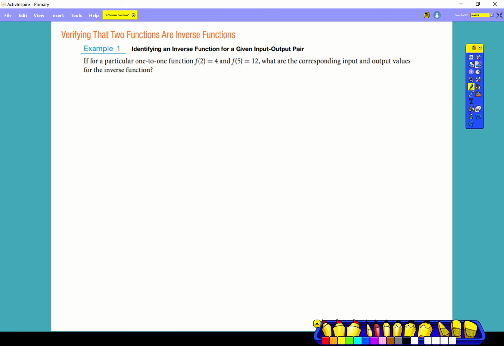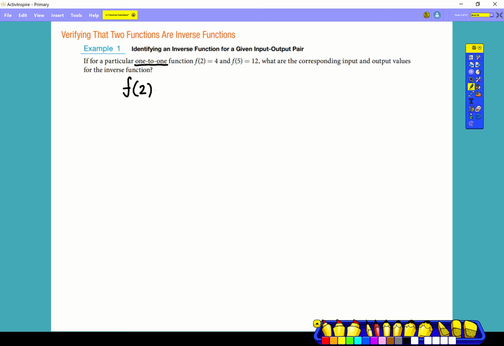Okay, so we're going to verify that two functions are inverses of each other. For a particular one-to-one function, notice it has to be one-to-one, f of 2 equals 4 and f of 5 equals 12.